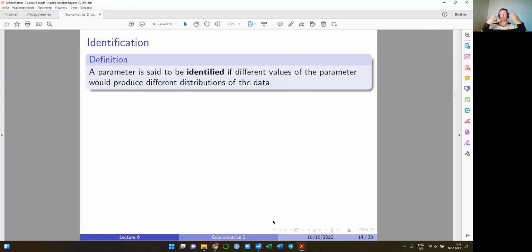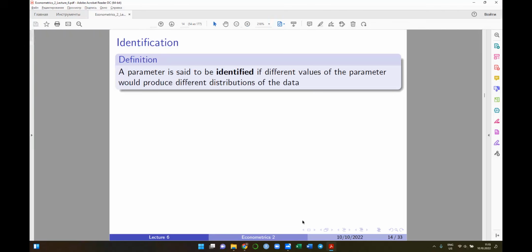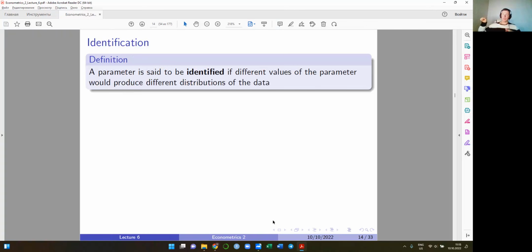Basically, we are going in the opposite direction. We get the data, and based on this data, we are trying to estimate a parameter. And there is kind of a one-to-one relation. The data is uniquely generated by a value of this parameter. If the value of the parameter changes, the data must be different in principle.